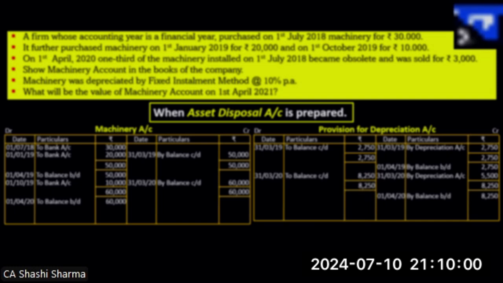And now, after passing all the entries up to the date of sale, we will prepare another account, machinery disposal account, in which the cost of the machinery which is being sold will be transferred from the machinery account to that special account. So in the third year on the credit side, look at the machinery account.